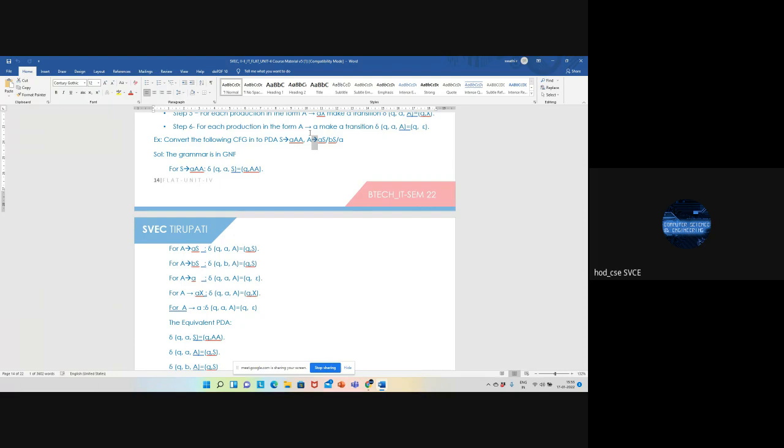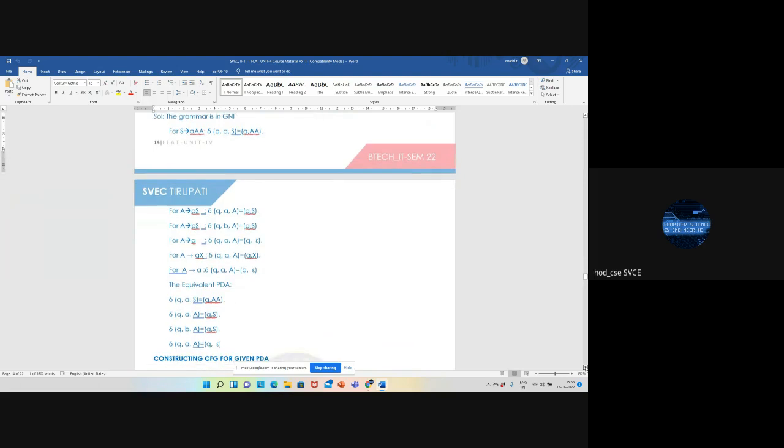If the right hand side is a terminal followed by non-terminals, then we have to apply step 5. If the production is in the form of A tends to aX, terminal followed by non-terminals, we follow step 5. So this is how we convert the given context-free grammar into an equivalent PDA.